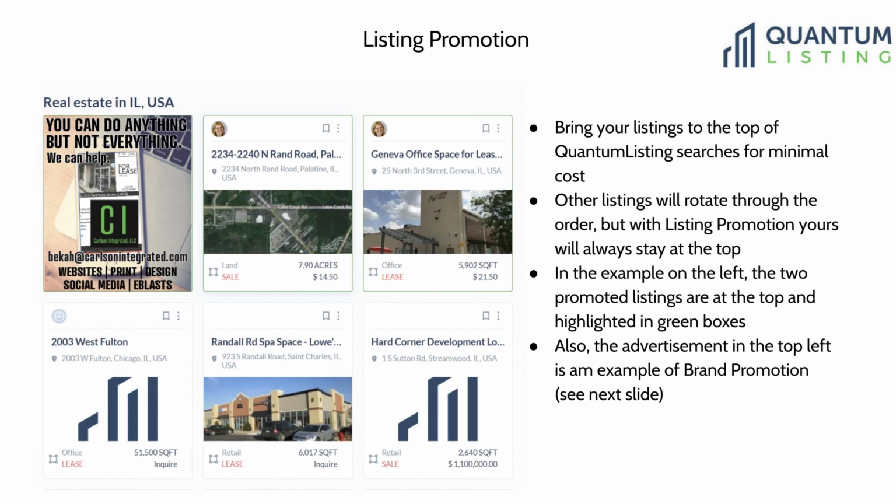And if there are more than 5 listings promoted in a particular market, then they go through a rotation so that they're all shown fairly and equitably. But if you want to make sure yours shows at the top, do it before anybody else in your market does. And again, the green band is what distinguishes it from the non-promoted listings.